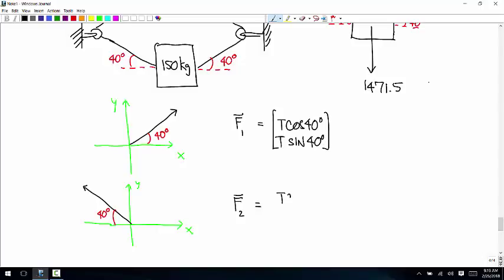This one is T times cosine of 140. T is the magnitude of that tension force.